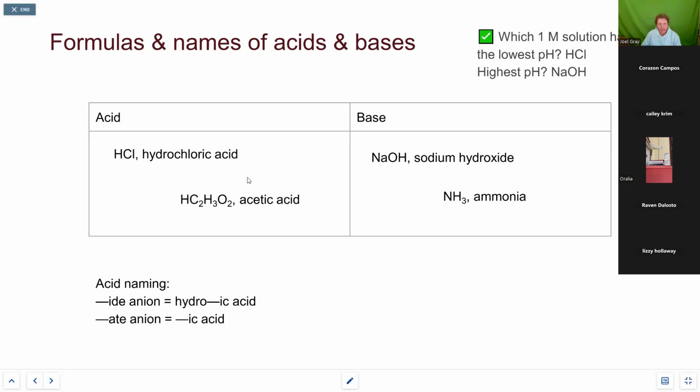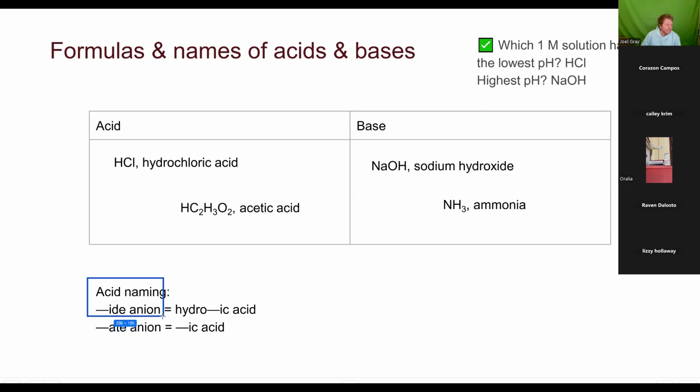So whenever it comes to naming an acid, if you have IDE for the anion, so for instance, fluoride, that would be hydrofluoric acid. Another example would be bromide, hydrobromic acid, hydrochloric acid. So these are things that you've probably already done almost as muscle memory and familiarity with HCl, but you haven't necessarily seen the rule for it. And so here's the rule.